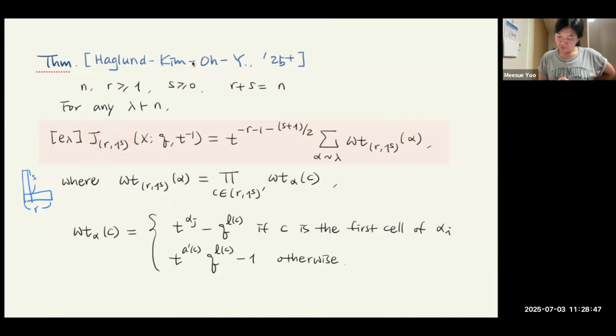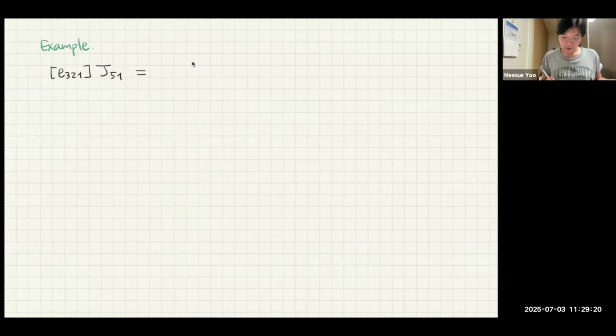Here, this is lambda, and the weight is computed over all the rearrangements of lambda, which is alpha here. And we give the weights over all the cells in this shape, which is the transpose shape of the hook shape. So here are the descriptions, but I'm going to show you how you compute these coefficients in an example. Let me go over this example and show you how you compute this e coefficient.